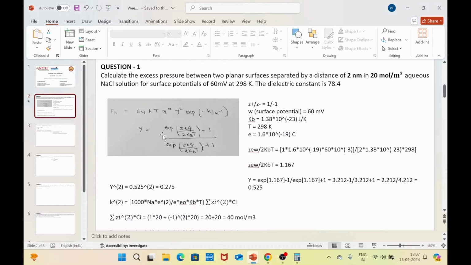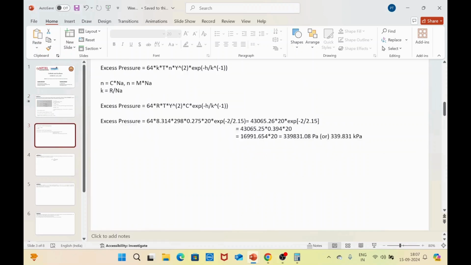And same question, just for practice purposes. So the excess pressure value is 339.831. If you have any doubts, please let me know, or we can go for the next question. Or are there any different answers you are getting apart from what I have written here? If you have some other different answer, then let me know as well.